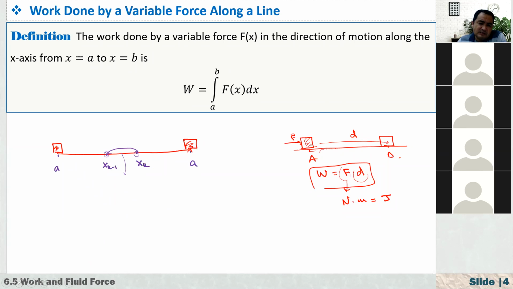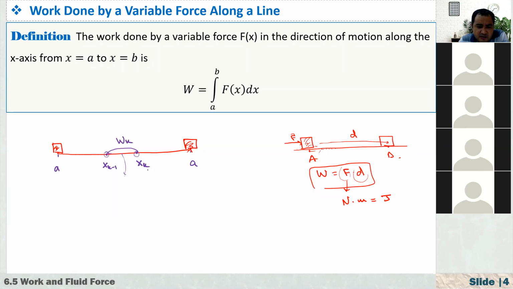A continuous function means that a small change in the value of x produces a small change in the value of the function. So if I pick any point here, I can approximate the work done.